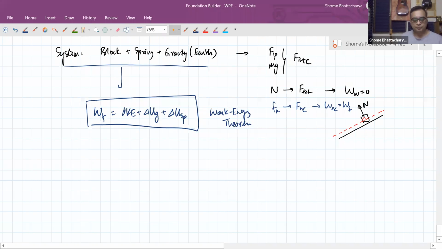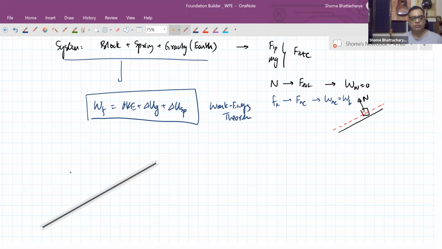So now let's see how we're going to solve this. First up, we will look at the state of the system from where the block started.